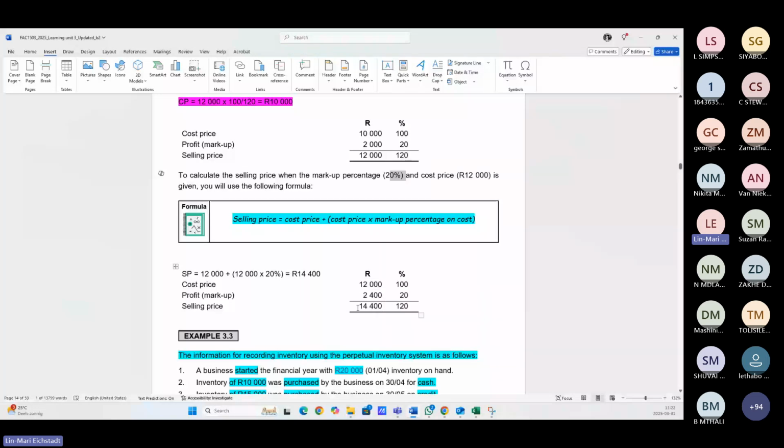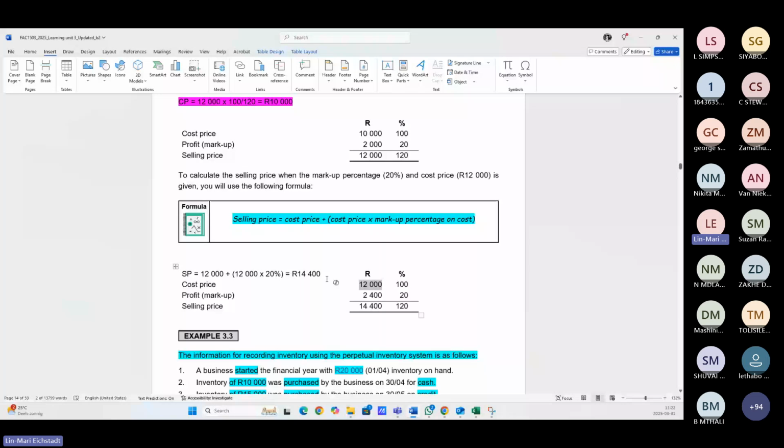So if we look at this formula, we are saying, what is our cost price? They've given our cost price of 12,000. And then they tell us that the formula is to take your cost price times your markup. So basically you're saying, what is our cost price times our markup? That is our profit. And if we add our profit to our cost of sales, that gives us our selling price.